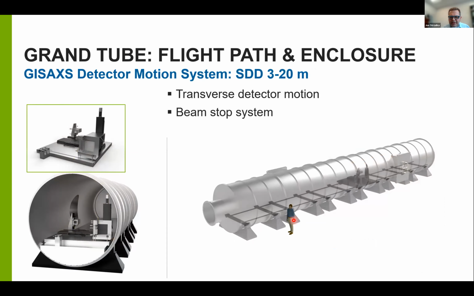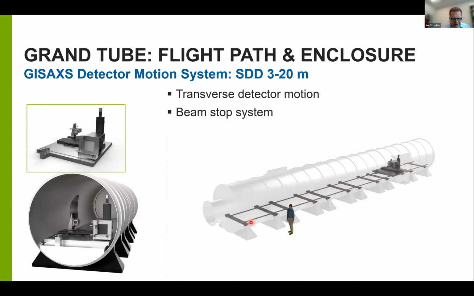The granite tube is something that Jin showed, and this is going to allow motion of the GISAXS detector, which you can see here on the carriage, and then in the animation, it's moving back and forth. The granite tube is about 20 meters in length, and there'll be a servo to move the entire length of the granite tube.